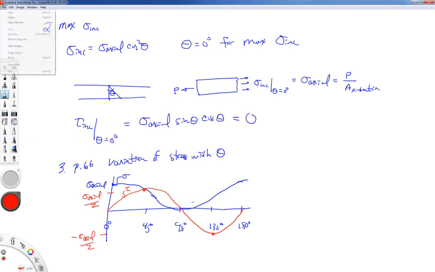And that's where I take a look at a bar that has a circular cross-section. Let's put some numbers on here.